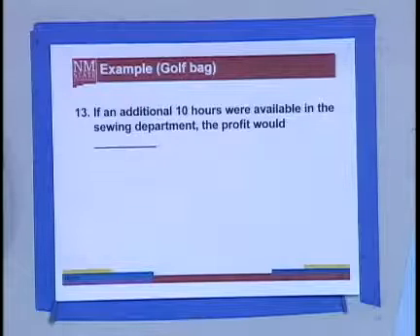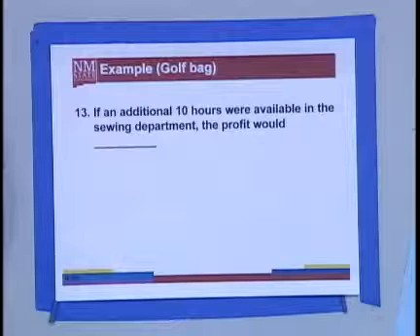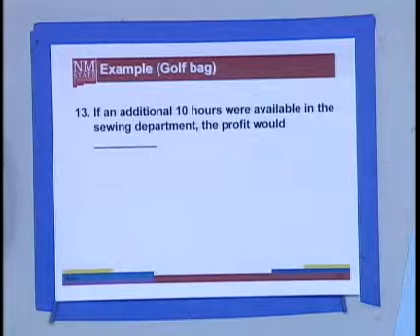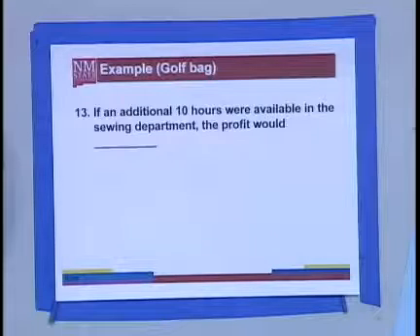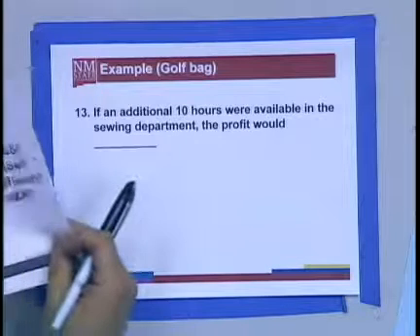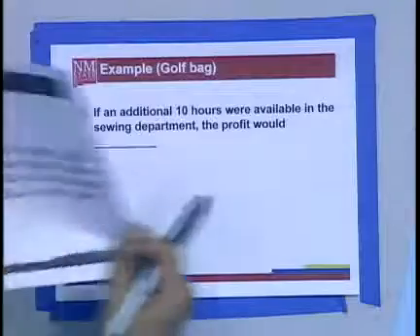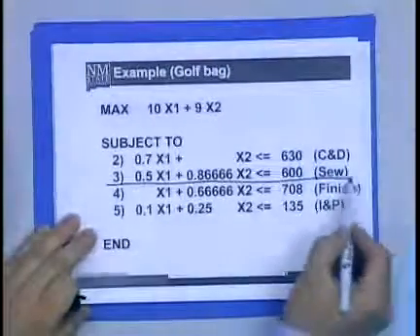Okay, what about number 13? I think this question is also similar to questions number 4 and 5, I believe. So originally, 600 hours are available for the sewing department. Right?